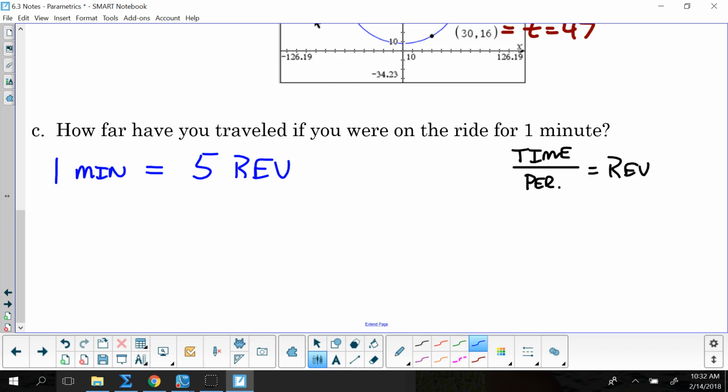What part of a circle am I traveling along? What part of the circle am I traveling along? Somebody just whispered it, I heard it. I'm traveling along the circumference. So 1 revolution is 1 circumference.